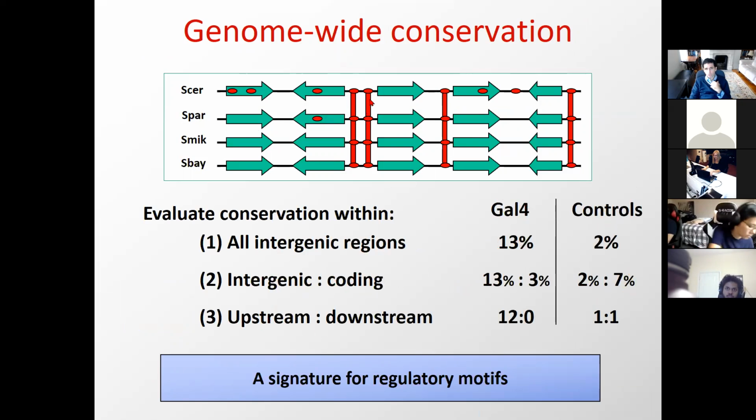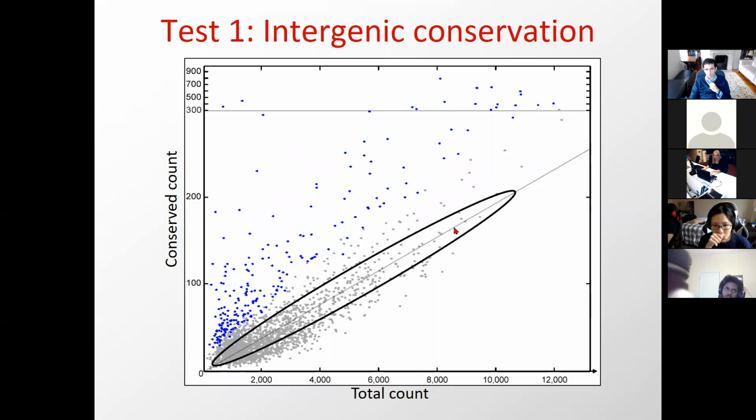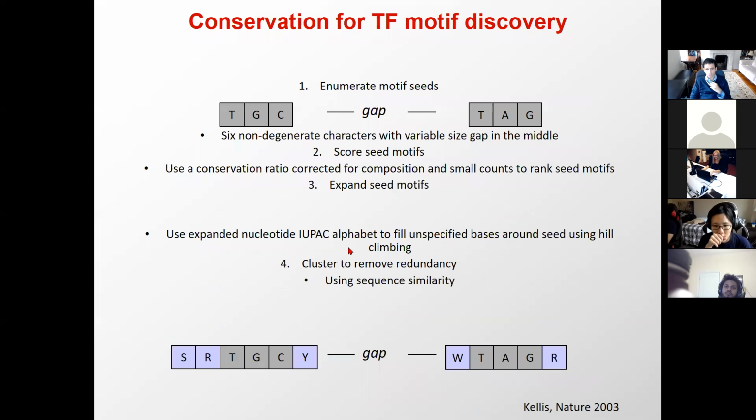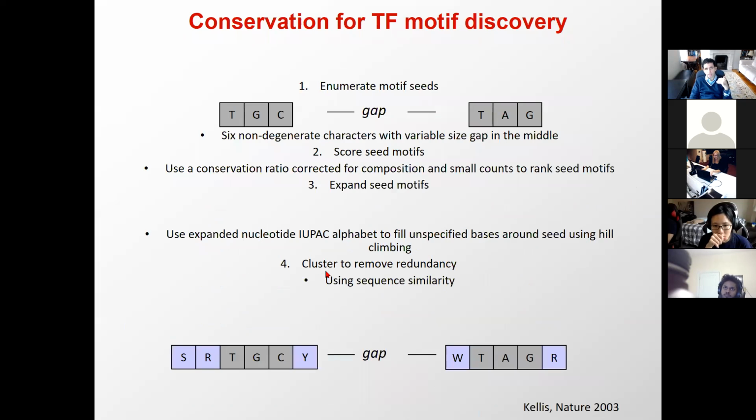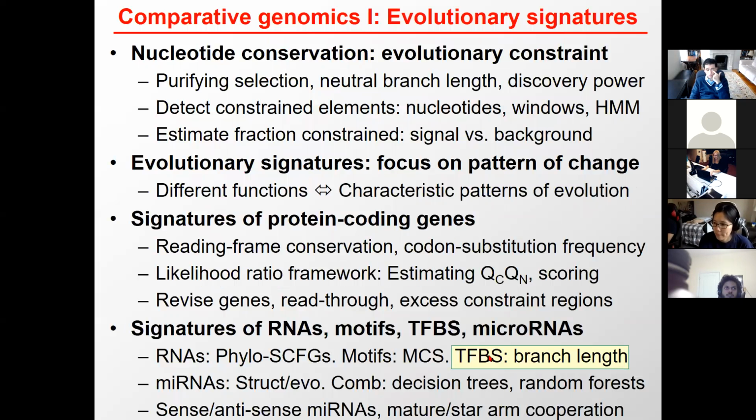And also, true motifs are conserved upstream versus downstream, whereas random controls are conserved in both. So that gives us three different signatures for genome-wide conservation of regulatory motifs. And again, applying these signatures, we can search for k-mers that are preferentially conserved, and then expand these k-mers into longer motifs through these extensions.